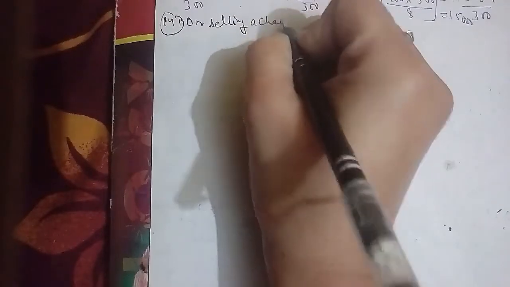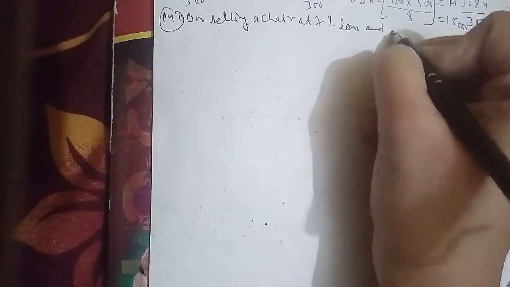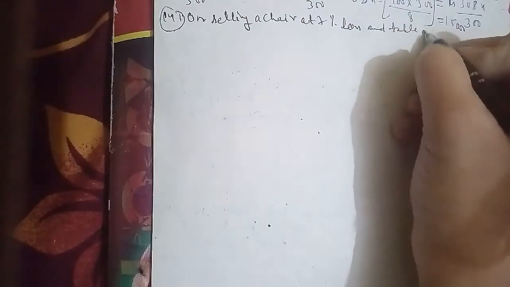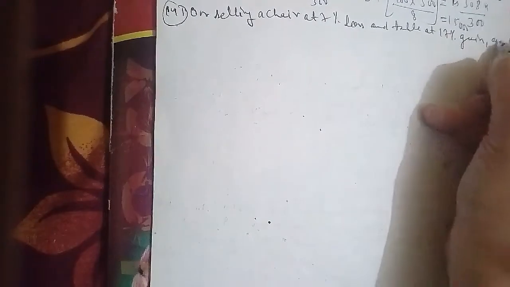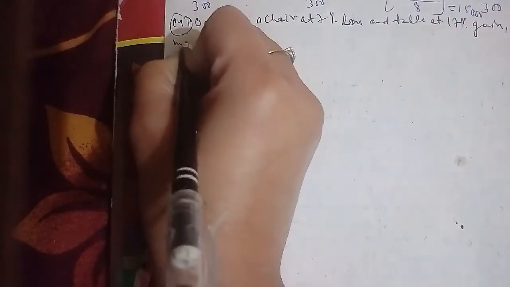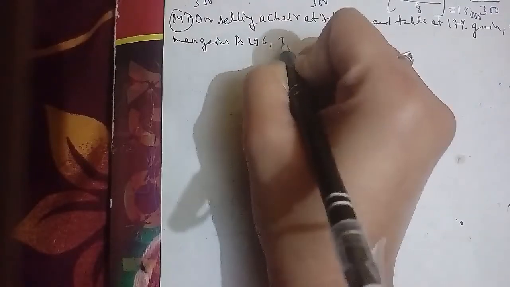If he sells the chair at 7% gain and the table at 12% gain, then he gains rupees 400.